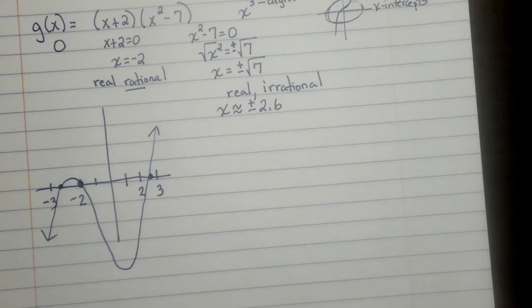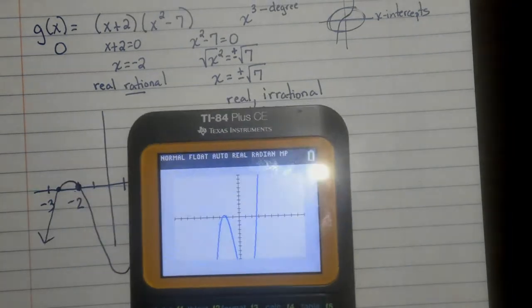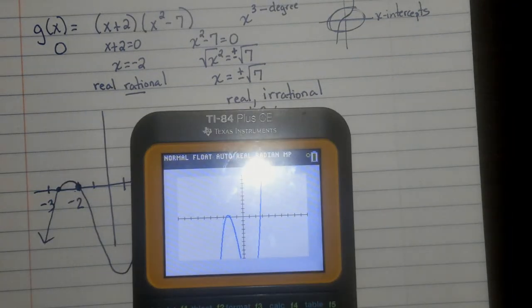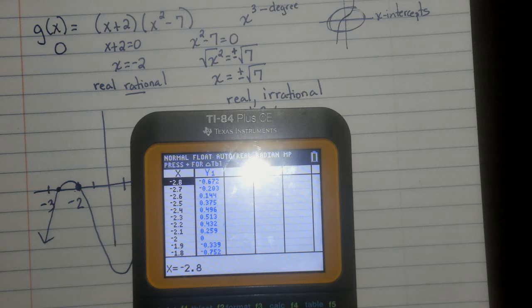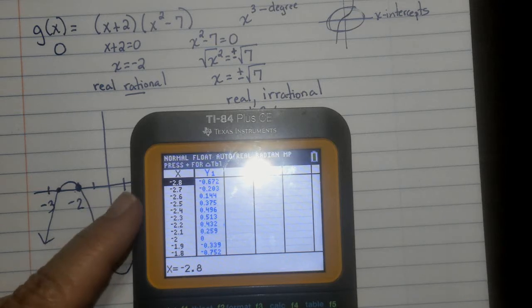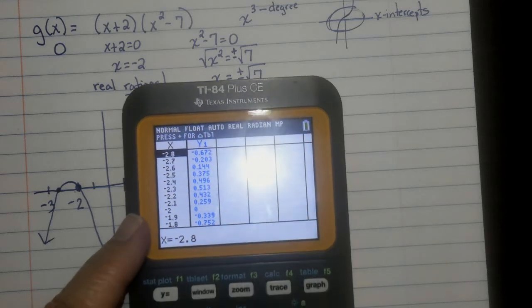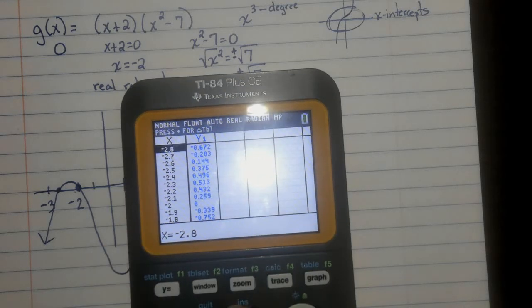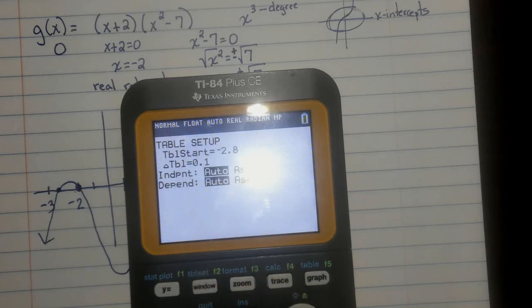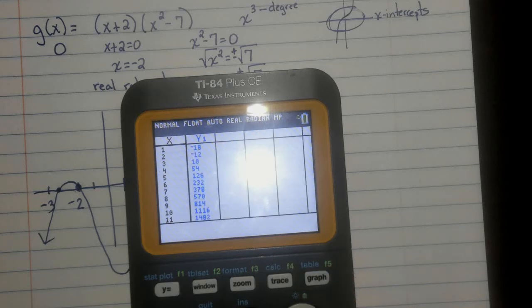All right, so you remember the other place we can find our zeros is on our table. If I go to my table, I have my table set to count by tenths. If you don't know how to change your table set, that's on top of window, second table set. So I can start my table on 1 and count by 1. That's what our table usually looks like.